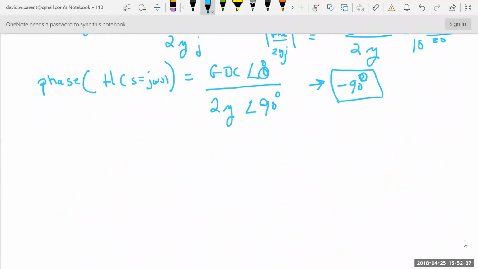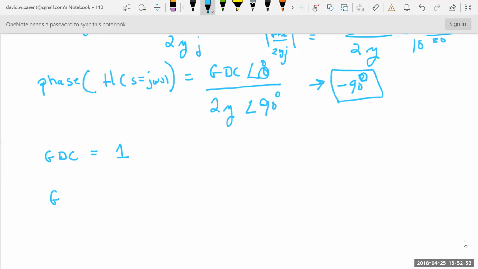So to go back, doing it with the phase is generic. All right. So in this case, the gain DC was equal to 1 because it was 0 dB, right?